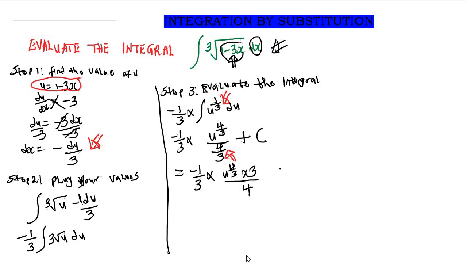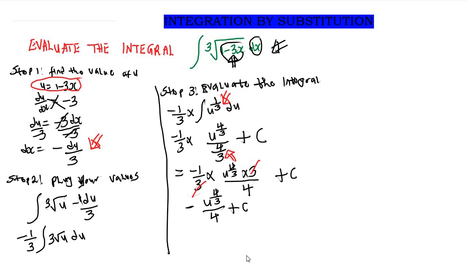Plus c. As you can see, the 3s cancel out. So we now have negative u raised to the power of 4 over 3, divided by 4, plus c.